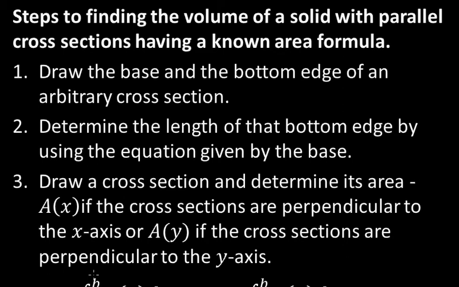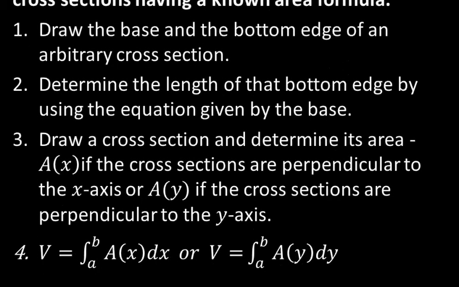And then we draw a cross-section and determine its area formula, A of x or A of y, depending on whether the cross-sections are perpendicular to the x-axis, or in the case of A of y, perpendicular to the y-axis. Once we have the area of a cross-section, we get the volume by a definite integral. So really we're not concerned with what the entire solid looks like. We're concerned rather with what is the area of a cross-section.